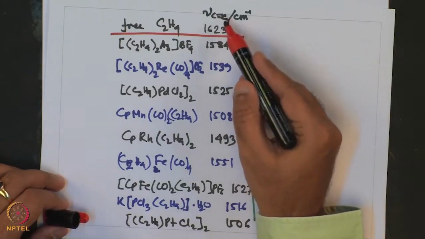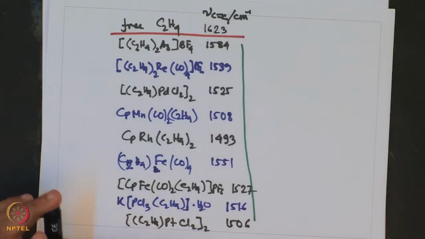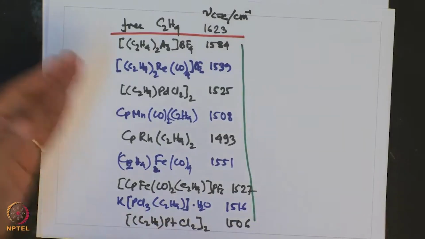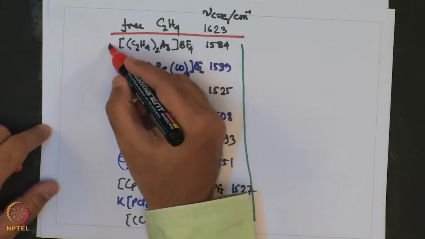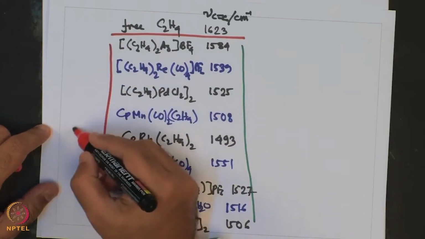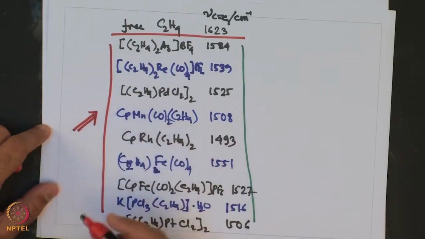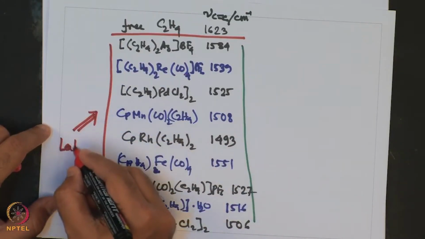So, that means that the CC double bond is stronger for the free alkene than when it is bound to transition metal complexes. Now, another thing which comes out by looking at the table is that all of these are late transition metal complexes.